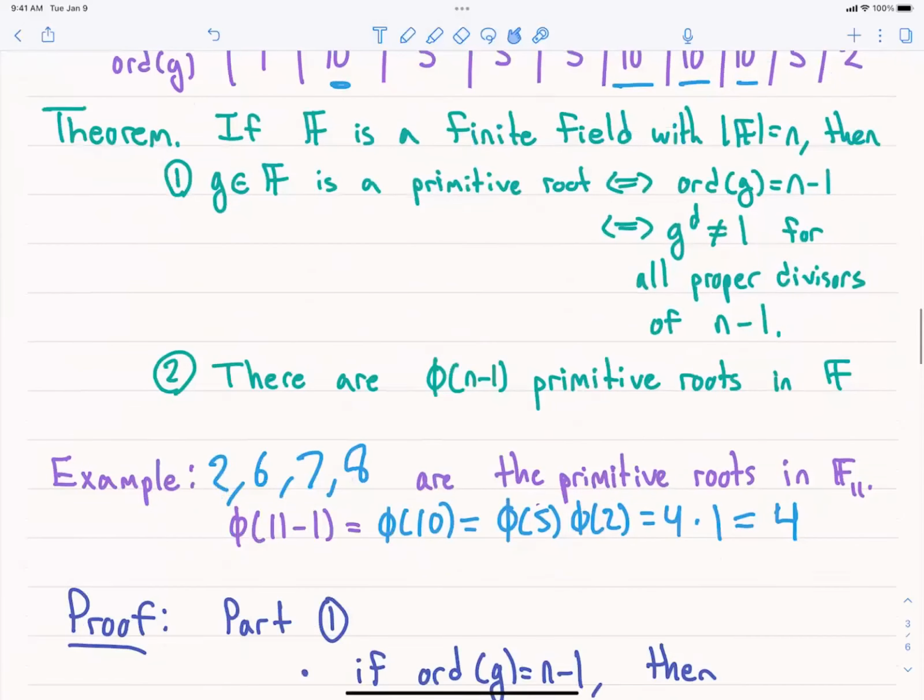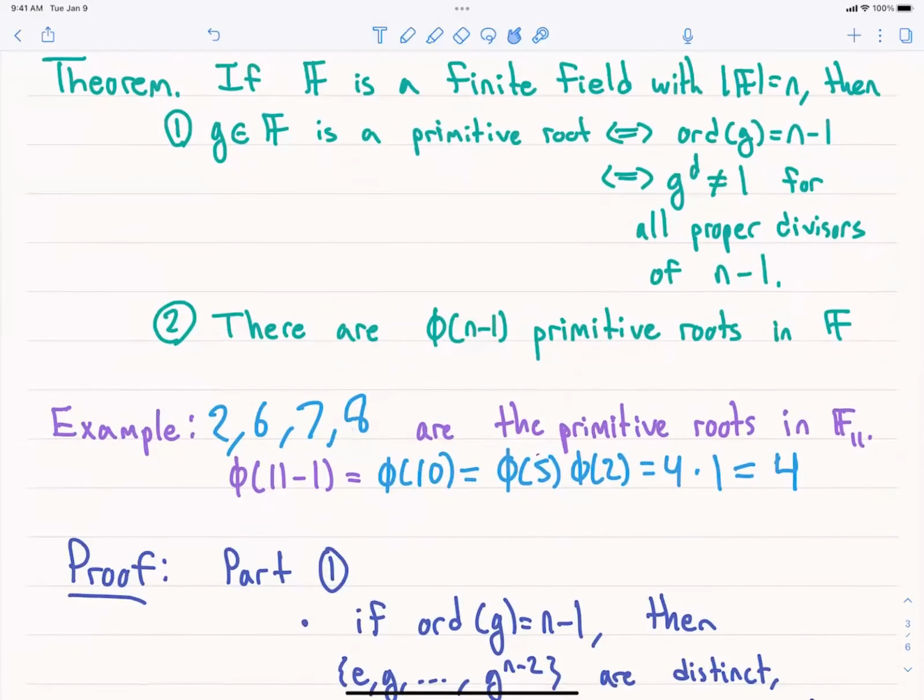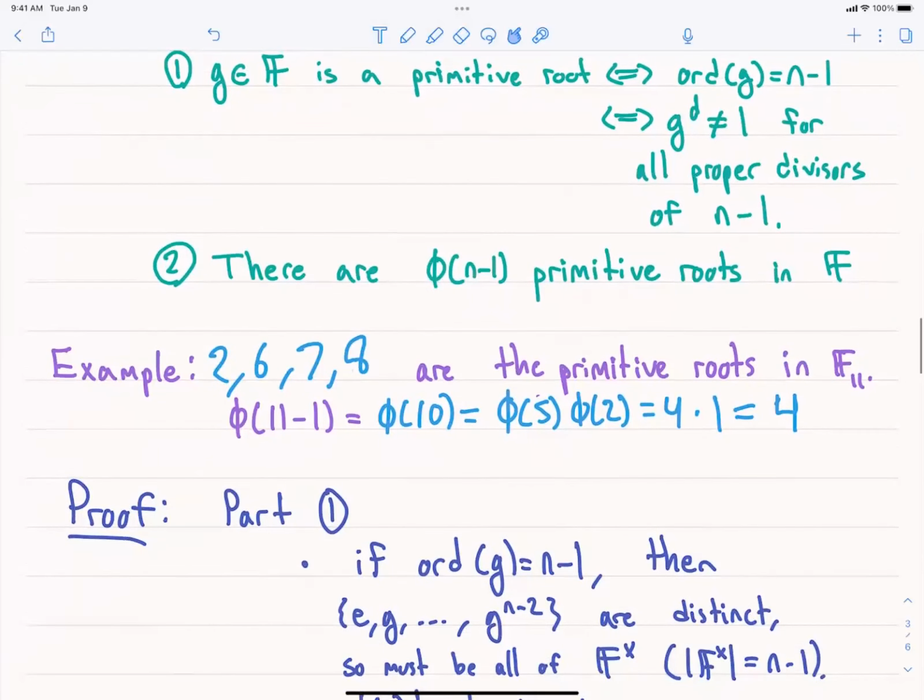Well, let's talk about the first part. Again, this first part is basically the condition we were using on the worksheet, the one that let us check whether something was a primitive root without having to compute all the powers and see whether we got everything. The idea is, if I have some element whose order is n minus 1, then if I write out the elements e, g, g squared, g cubed, all the way up to g to the n minus 2, these are going to be distinct.